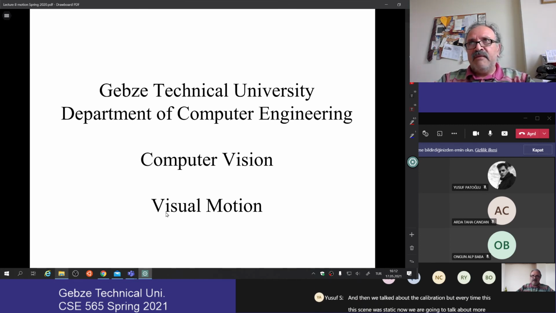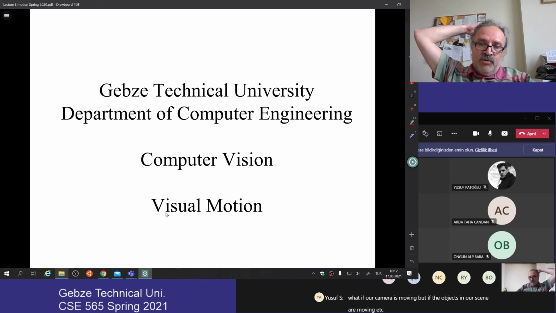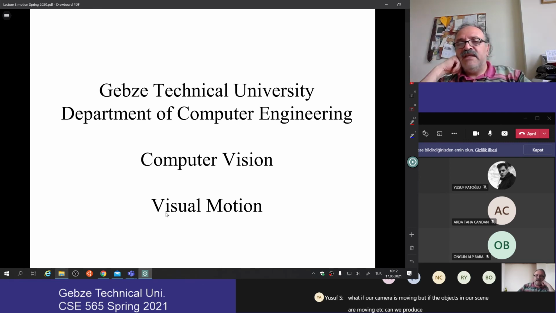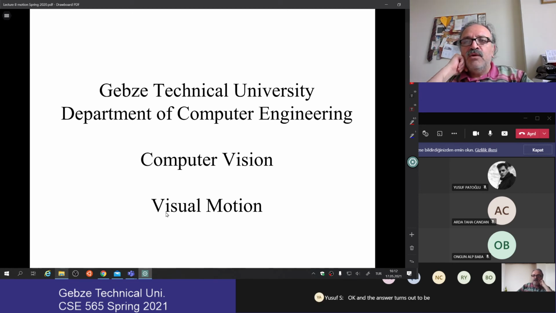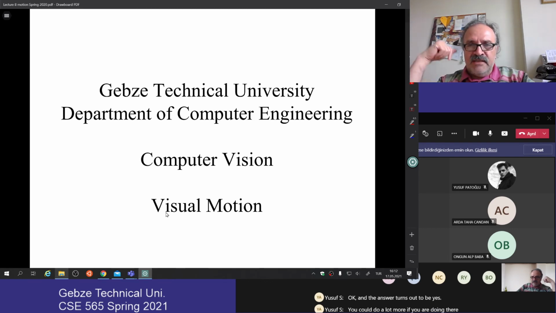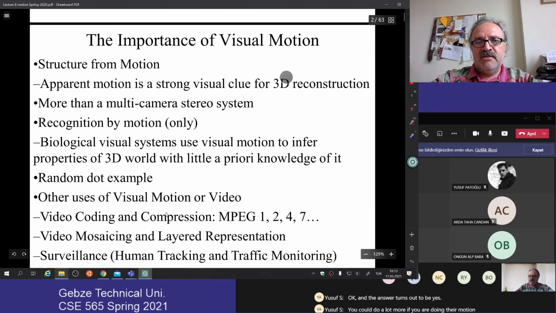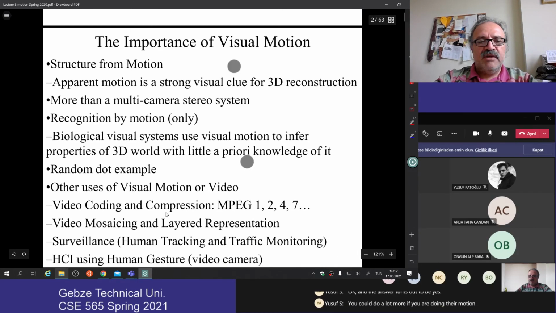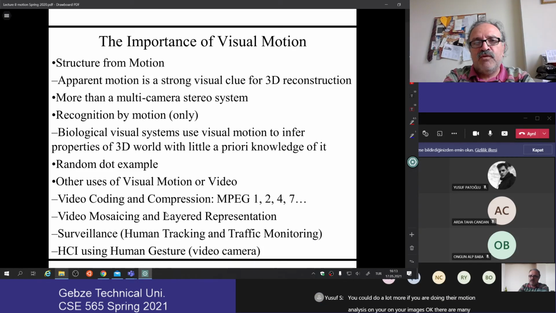Now we are going to talk about motion. What if our camera is moving? What if the objects in our scene are moving? Can we produce more real-world related information about this motion? The answer turns out to be yes. You can do a lot more if you do motion analysis on your images. There are many applications of motion from video.